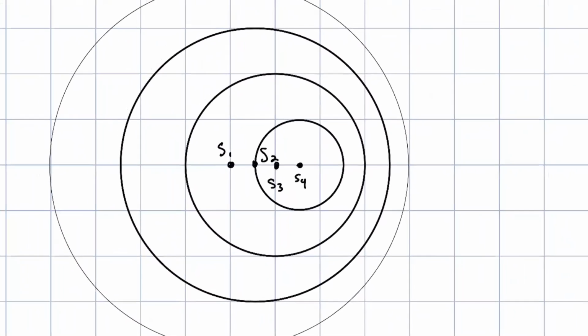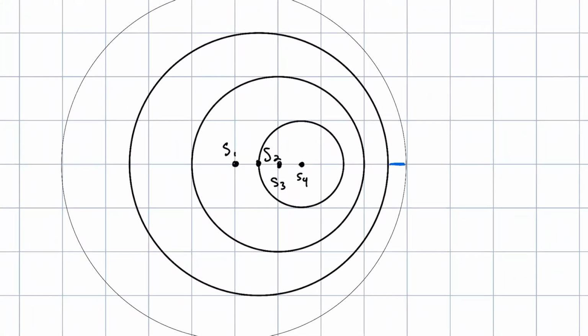Well, now what's happening is the wave fronts are closer together. Right? The wave fronts here are closer together, and the wave fronts on the back are farther apart. It's no longer the same on both sides.